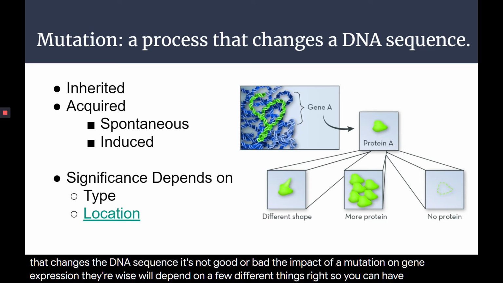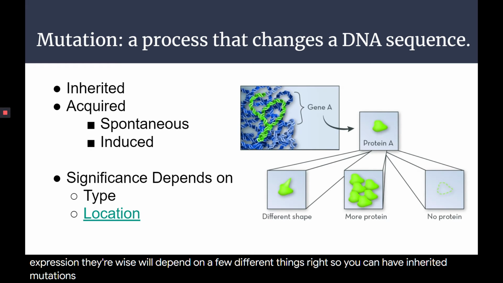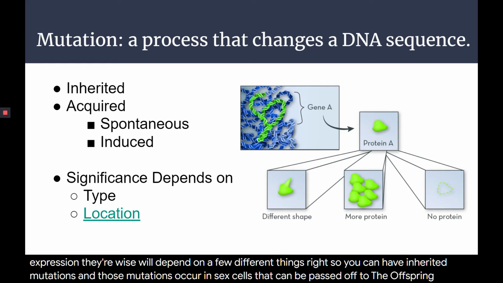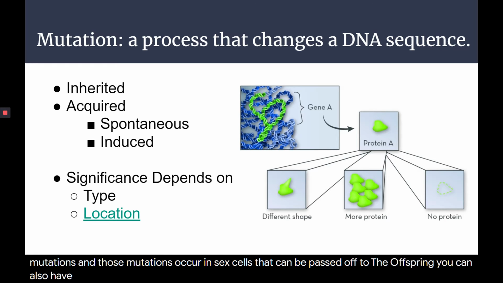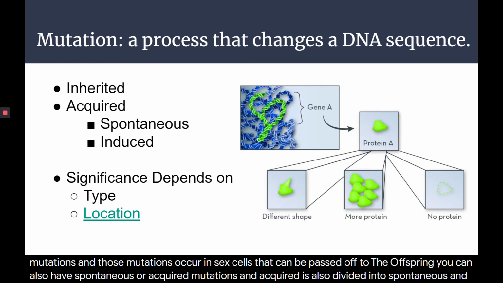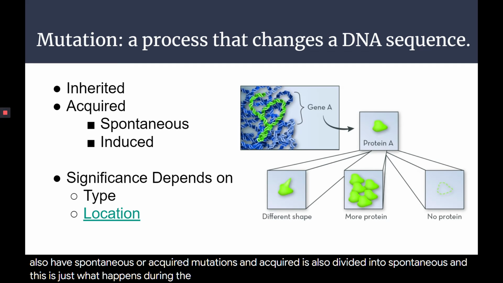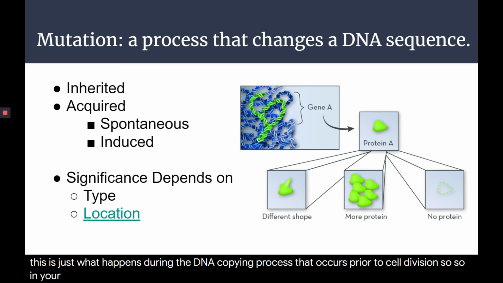You can have inherited mutations, and those mutations occur in sex cells that can be passed off to the offspring. You can also have spontaneous or acquired mutations, and this is just what happens during the DNA copying process that occurs prior to cell division, in the cells in your body.